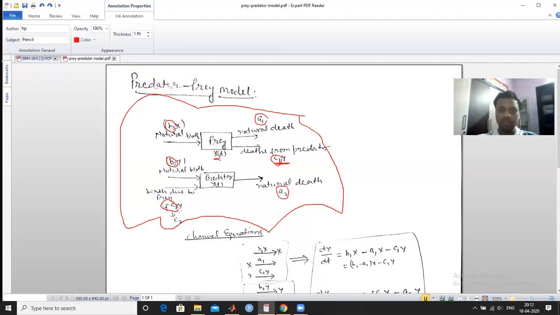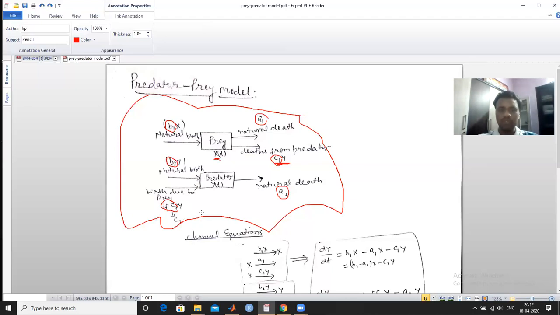This C2 will be proportional to C1. If the number of deaths of the prey is high, the number of births of the predator will be high. So these are proportional: C2 equals F times C1, where F is a proportionality constant.